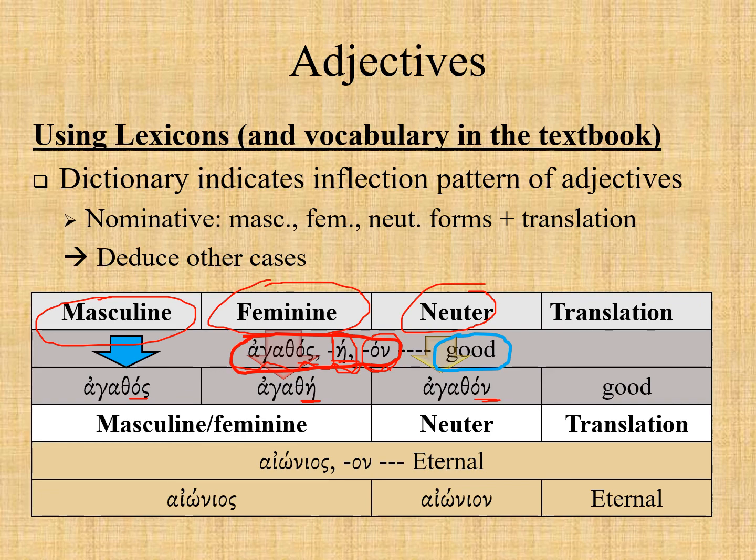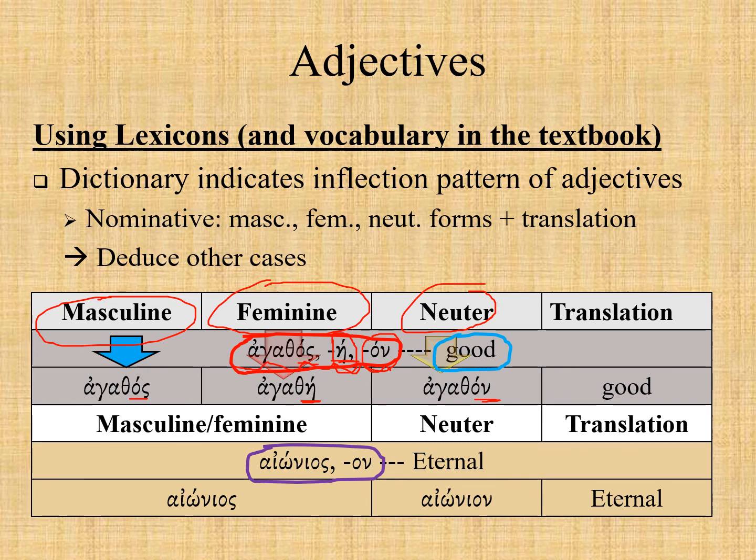So what the dictionaries are trying to do is reduce and save space and just give the abbreviation, because it assumes that the one who's using it is able to deduce the rest of the forms.